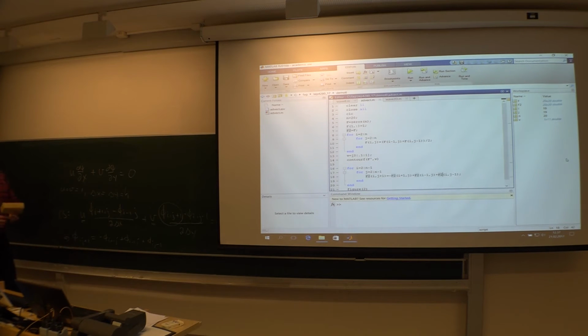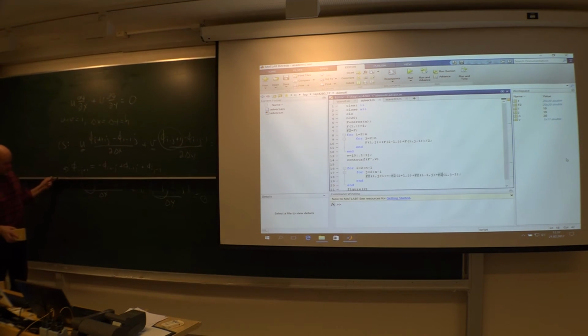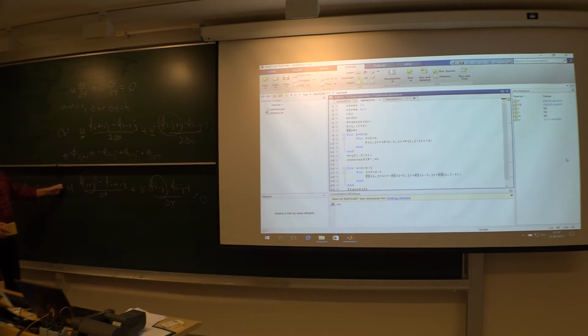So checking for consistency, well, you should always get your original partial differential equation back, or else there's something wrong. And for the first order upwind scheme also, is it consistent, and so on. So how to check for consistency?